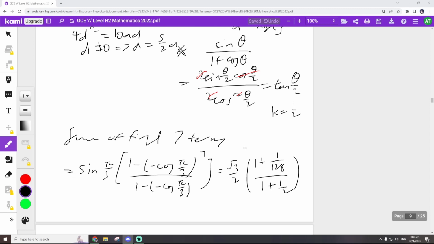Okay, and this is 129 over 128 divided by 3 over 2, which is 43 over 128. Then you times 2, right? So it's root 3, so just 43 root 3 over 128. Yep. Pretty weird, but I think it's good.